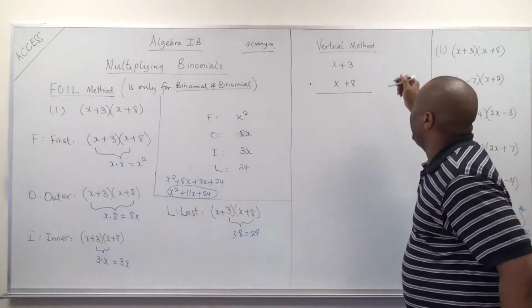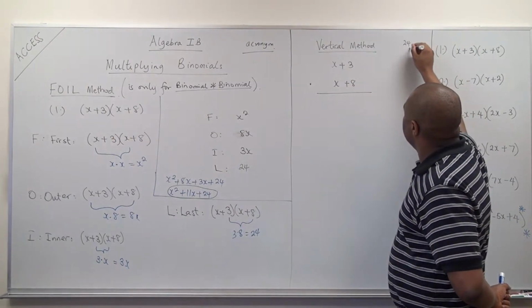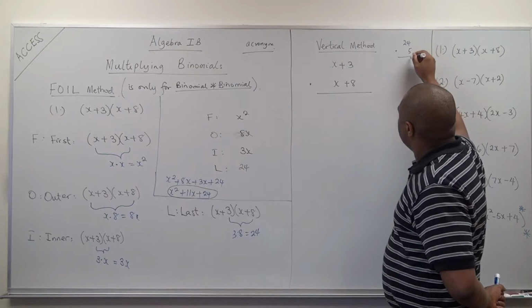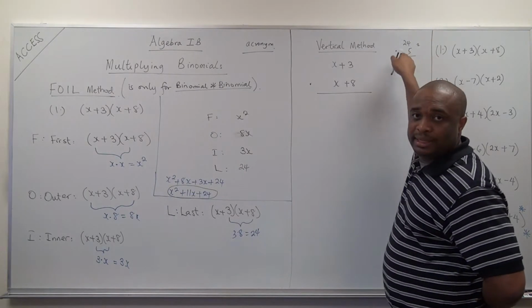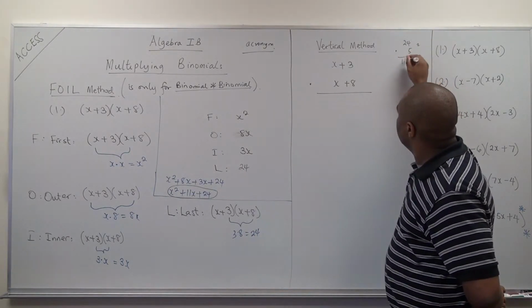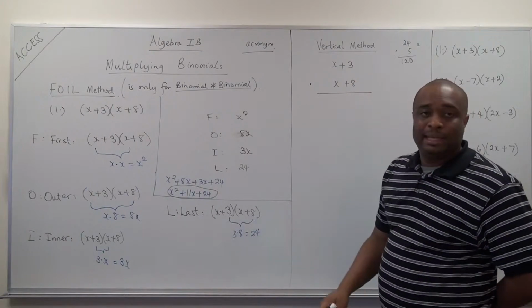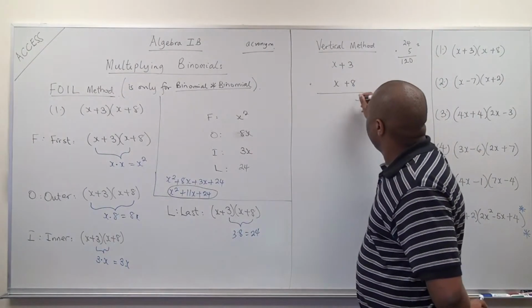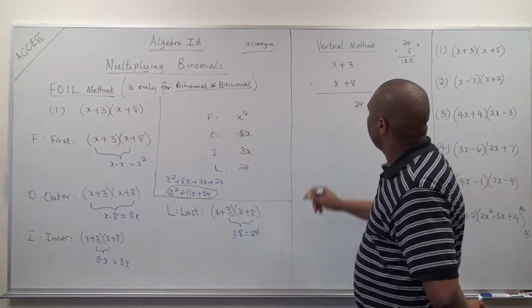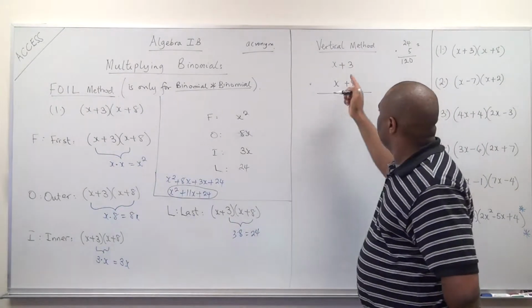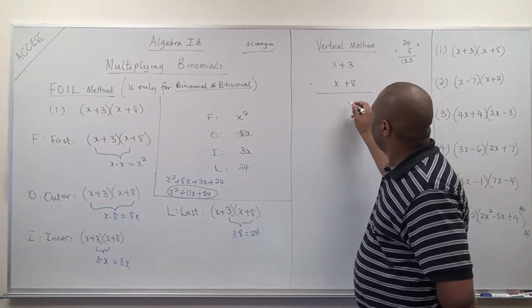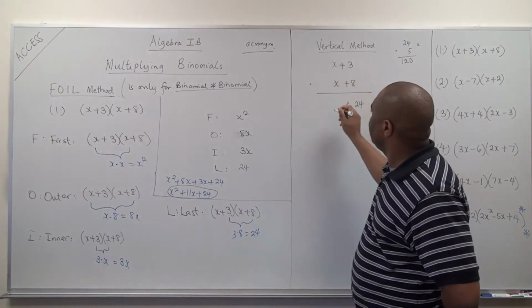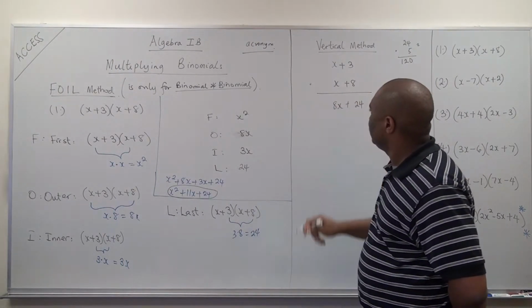Like, remember when I did 24 times 5, 5 times 4 is 20, write 0, carry 2, 5 times 2, 10 plus 2, 12. That's the same way you do it here. 8 times 3 is what? 24. Then 8 times x is 8x.